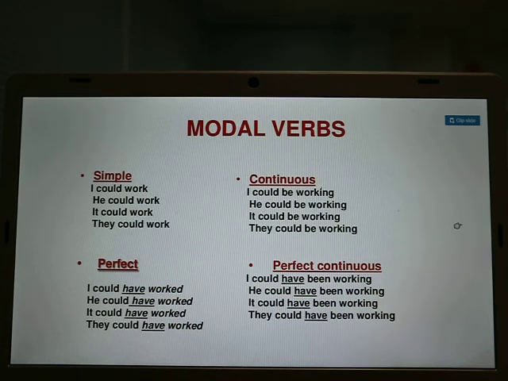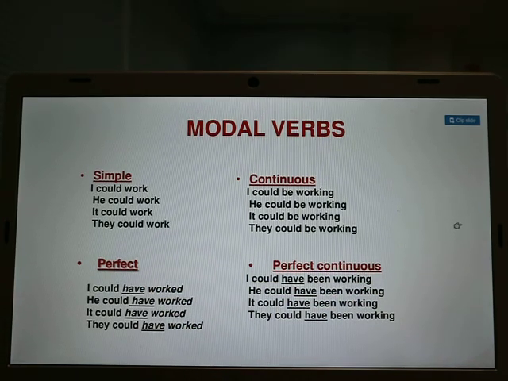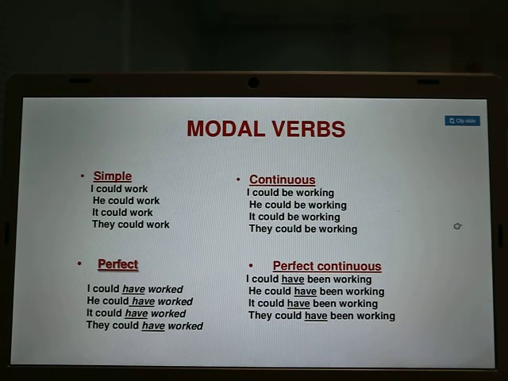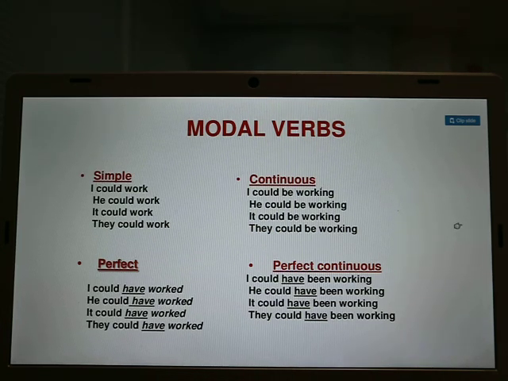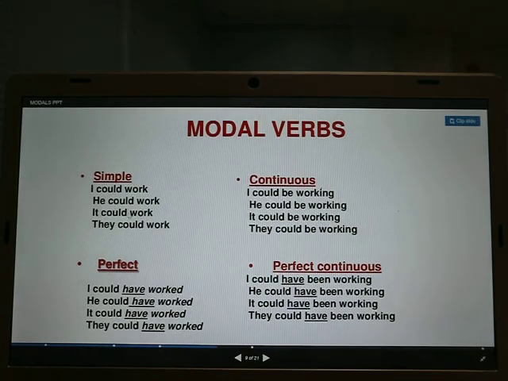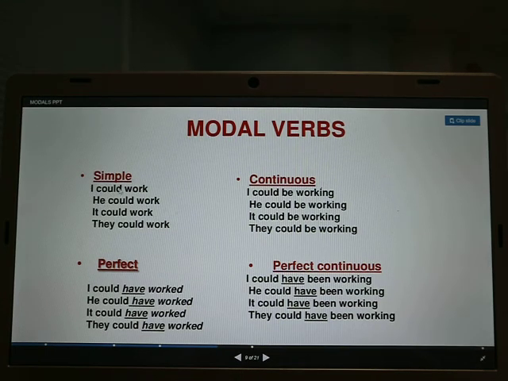Okay, these are the kinds of modal verbs: the simple, the continuous, the perfect, and the perfect continuous. Okay, first let's start with simple. The examples are: I could work, he could work, it could work, and they could work. So where is the modal verb here? This one, the could.